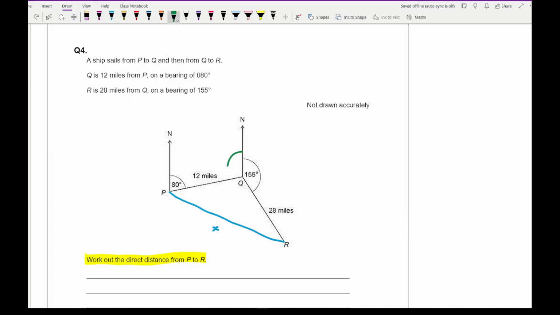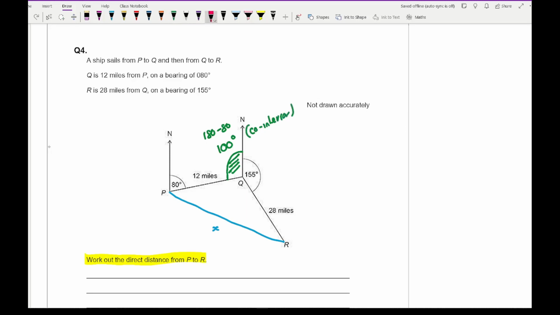So I can work out this angle because as the two north lines are parallel, these two angles here are co-interior. So this angle here is going to be 180 minus 80, which is 100 degrees. And the reason for that is because it's co-interior or supplementary, depending on what you want to call it.